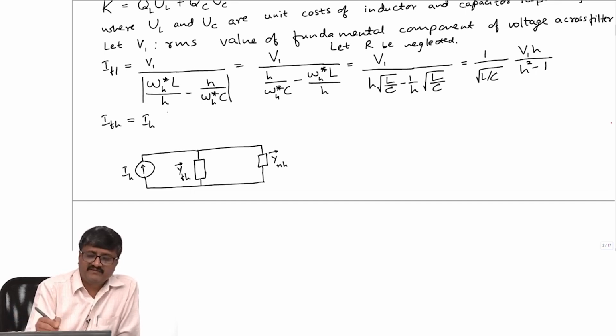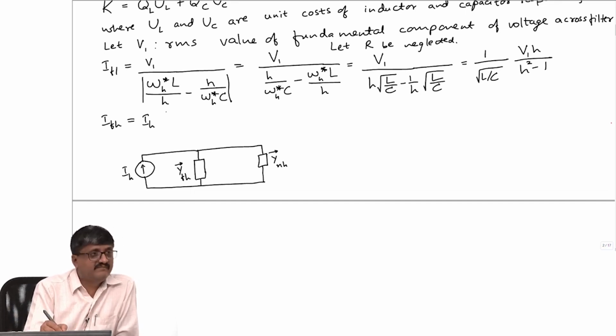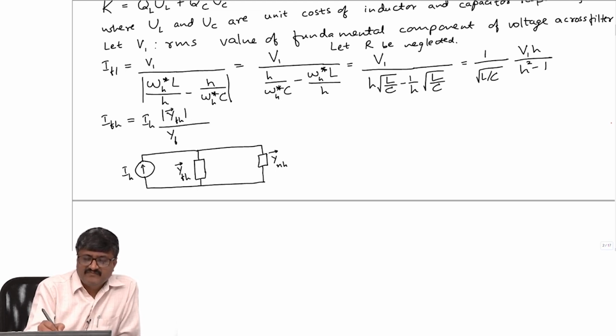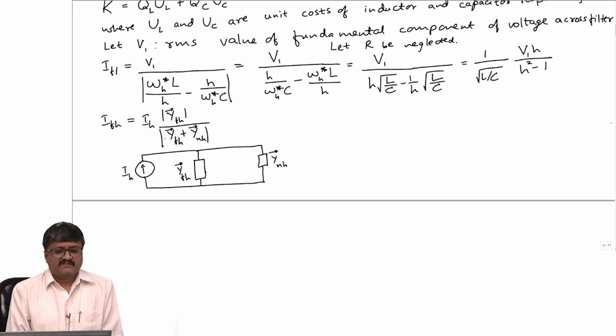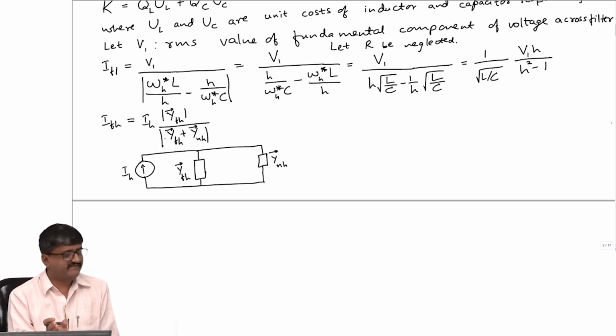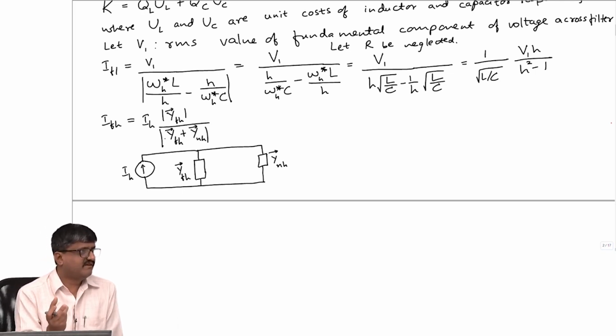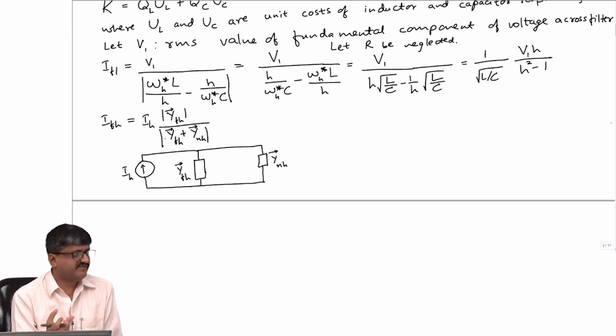So the voltage magnitudes will be same if I write this as IFH equal to IH into magnitude of YFH divided by absolute value of YFH plus YNH. Just divide this equation by YFH on both sides. What do you get if you divide by YFH magnitude? You get the magnitude of the voltage at the harmonic frequency, that is VH we get.